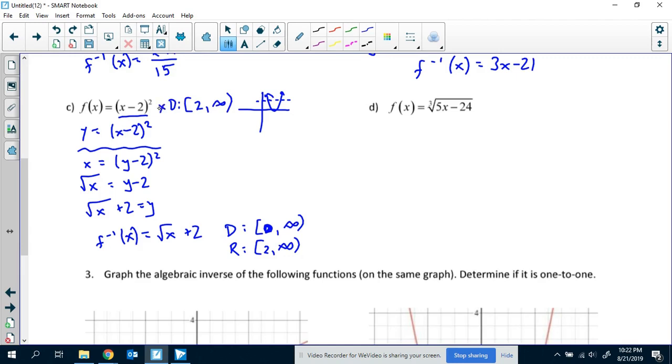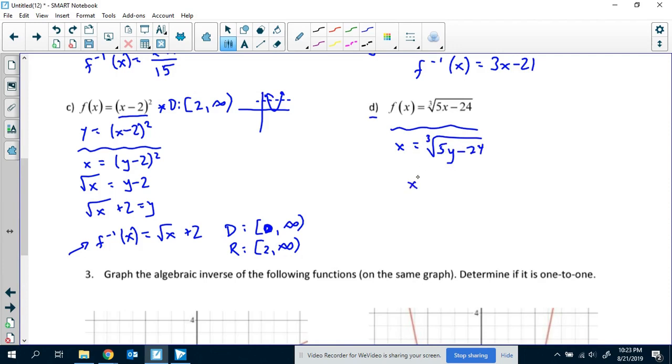That's something that's kind of important, understanding that I have to restrict the domain of my original function, because this wouldn't match up with everything if I plugged in all real numbers. Finally, letter D. There are no restrictions on anything that's a cubed root or anything like that, because I can sub in any number for x. So let's flip the x and y. So x equals the cubed root of 5y minus 24.